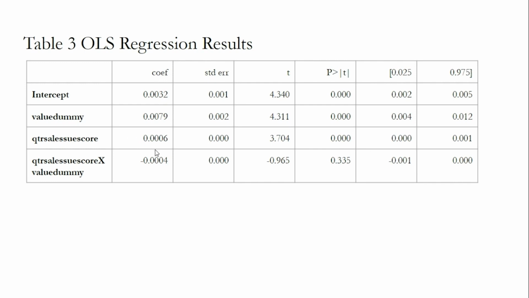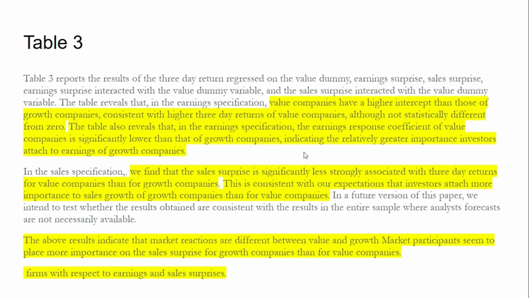So that means growth companies are much more responsive to sales beats than value companies. This is consistent with our expectations that investors attach more importance to sales growth of growth companies than for value companies.